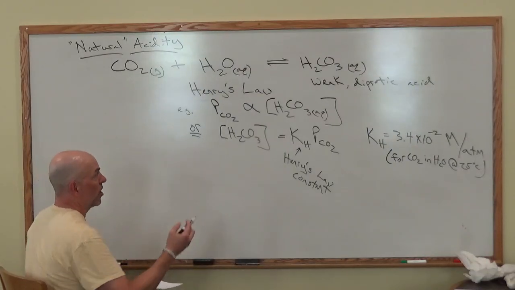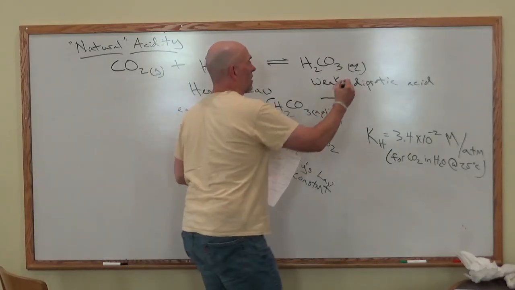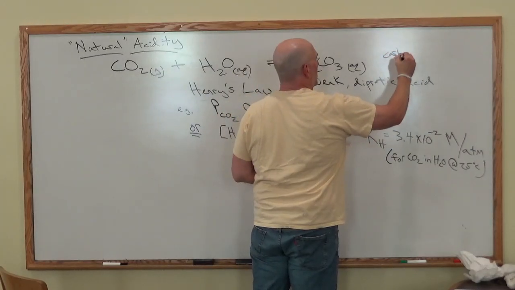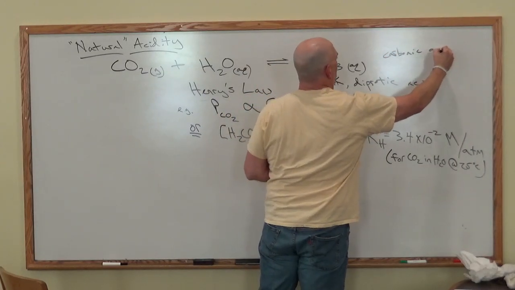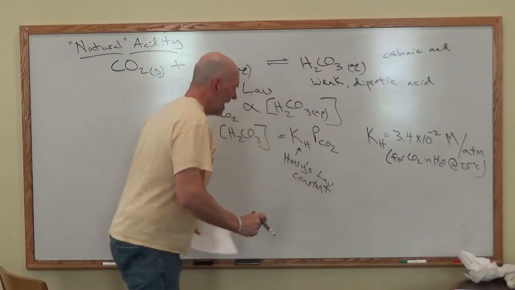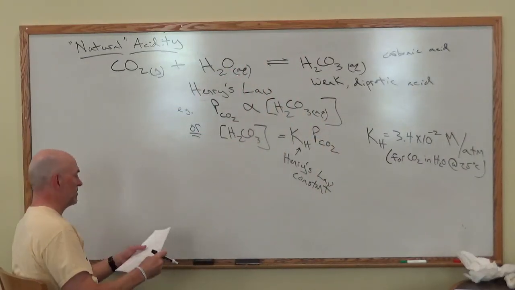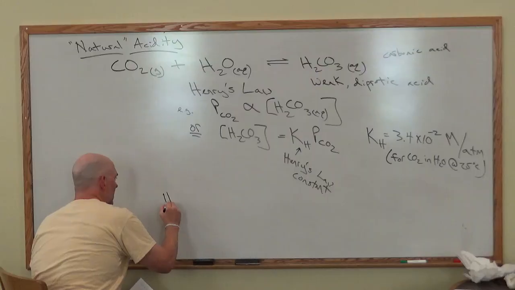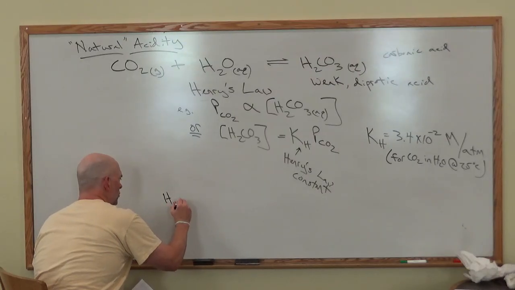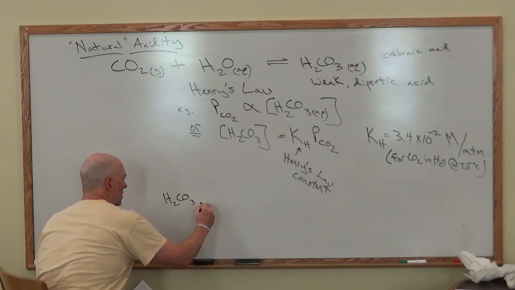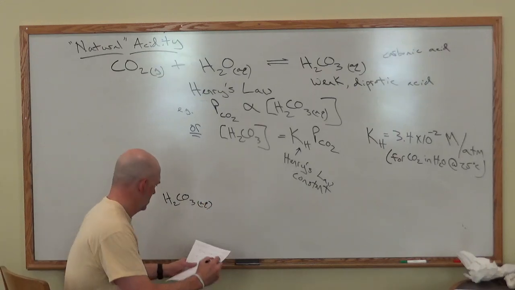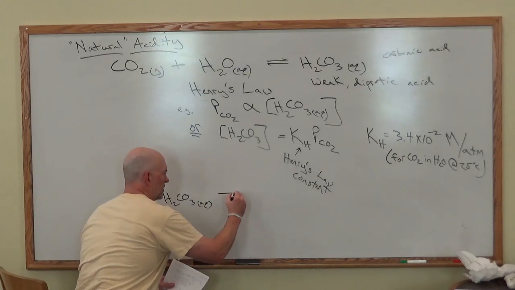And that's called carbonic acid if you really want to name it up here. So what does that mean? How do we take that concept? And what that means is that if you take H2CO3 and it goes into water, it will set up an equilibrium.